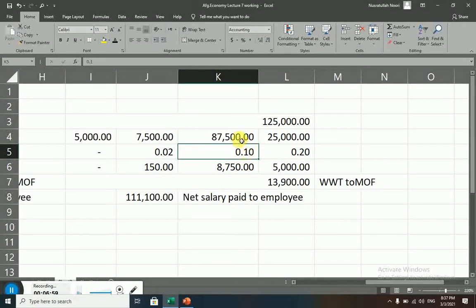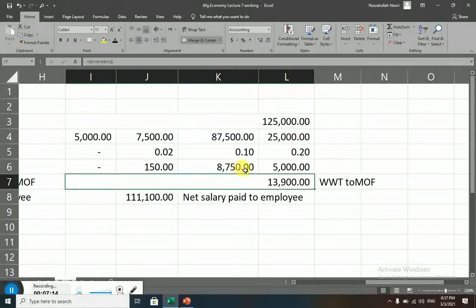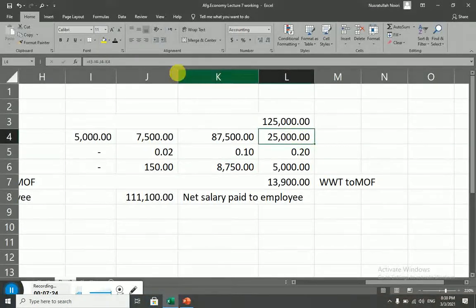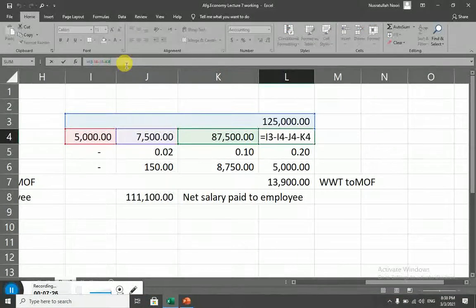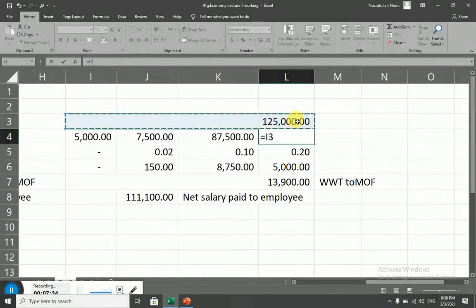Now this amount is subject to 10% withholding tax. We calculate it by multiplying 87,500 by 10%. You'll get 8,750. This is the 10% withholding tax on 87,500. Now, how do we calculate the amount above 100,000? The total salary is this.